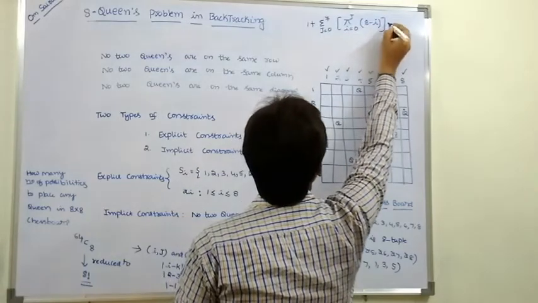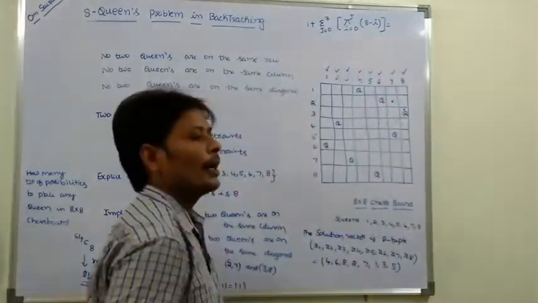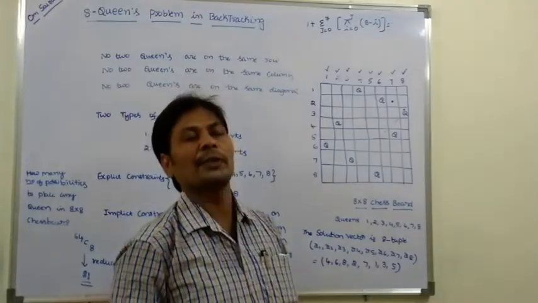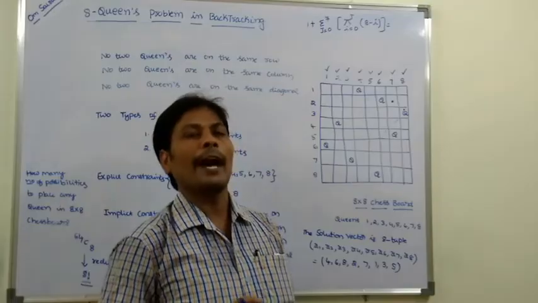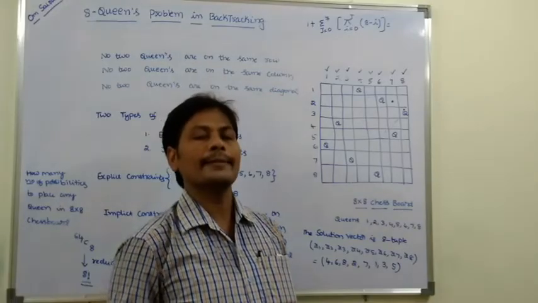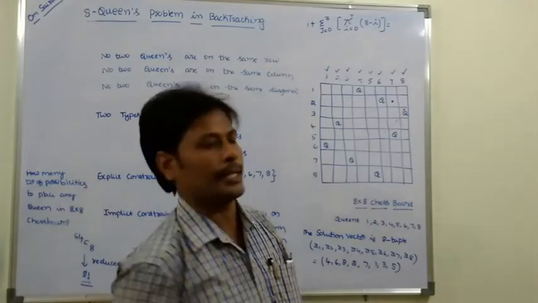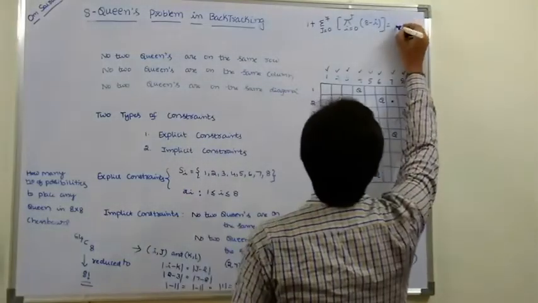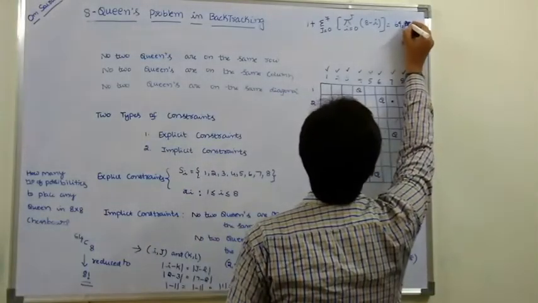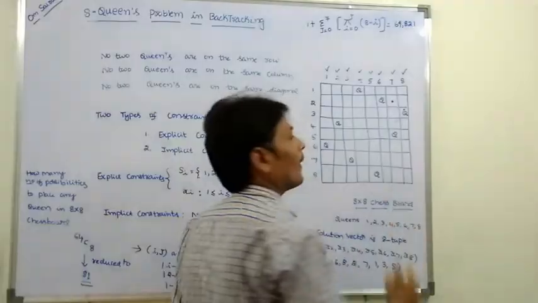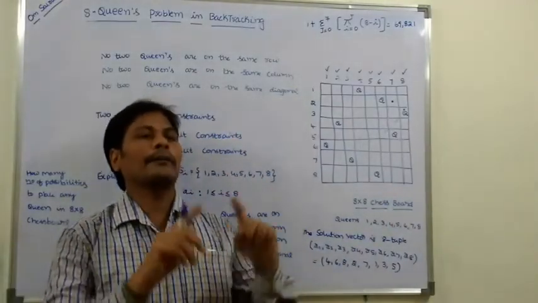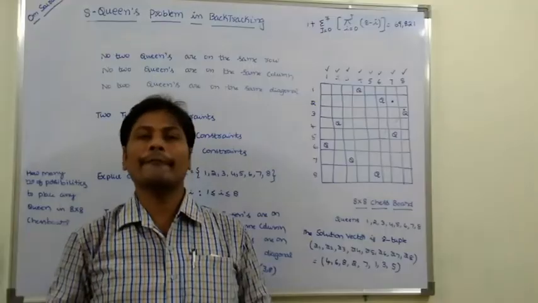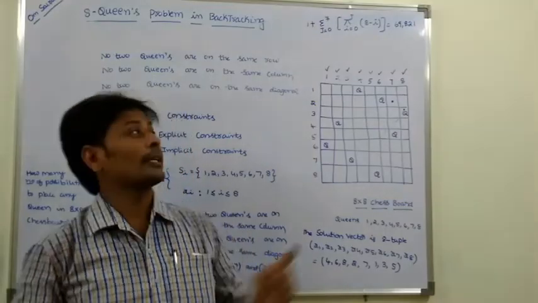This formula is used for finding how many nodes are in the state space tree while placing 8 queens on an 8 by 8 chessboard. The total number of nodes is 69,821.